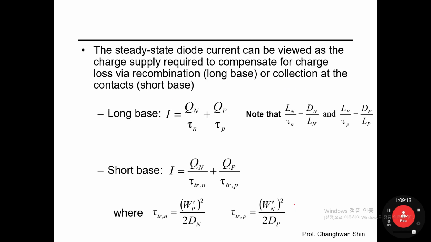Okay, and here the minority carrier transit time, tau TR, has been derived fully. So the narrow base width and the diffusion constant, those would be used to get transit time.